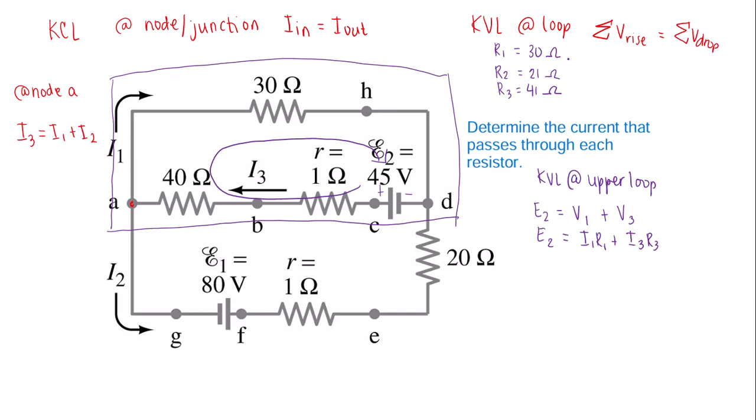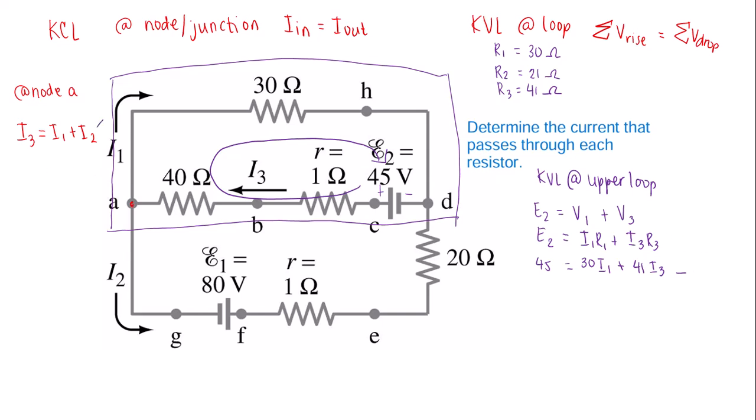We know the resistance values for R1 and R3 as well as the battery. So this is 45 equals, R1 is 30, so 30I1 plus 41I3. This is our next equation. This is equation 1.